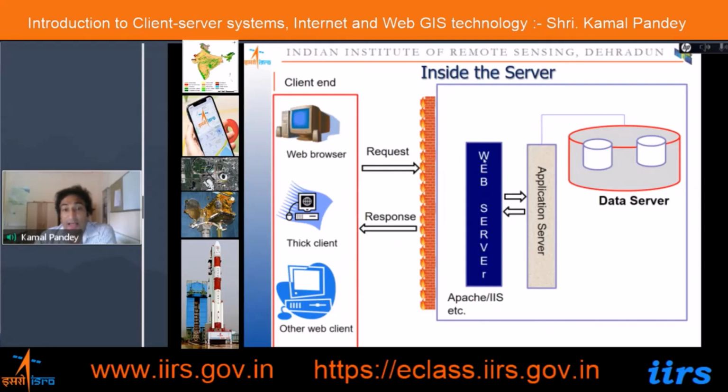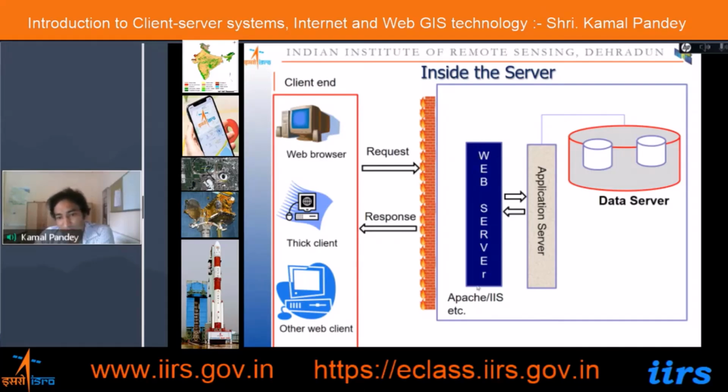So there are certain rules which are set in this web server also, because the request can reach the web server only through a secured mechanism. It is not like all the requests are going to be handled. So there are certain software ports also through which the web server receives the request.